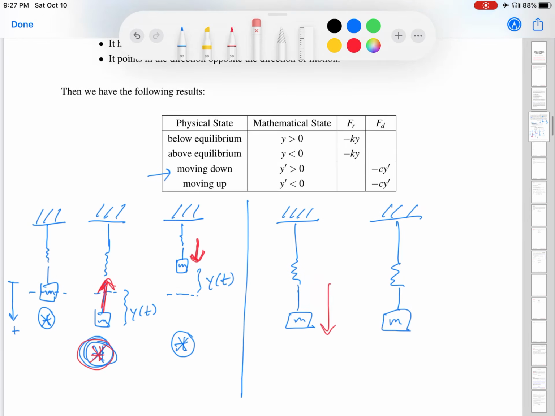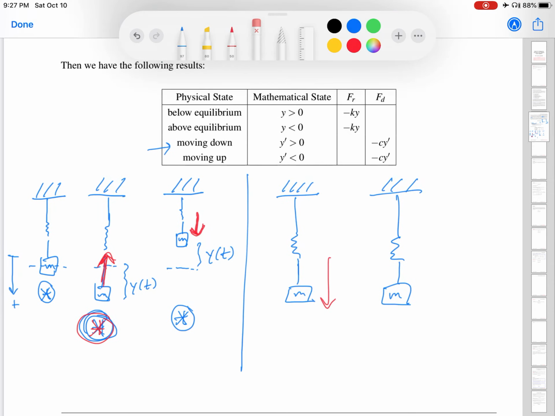So if we're moving down, then the damping force here is going to be up. That's the direction of the damping force. And then similar analysis as before. Since the direction is up and our coordinate system is positive in the downward direction, this force is going to be negative, opposite the positive direction. So we want the force to be negative.